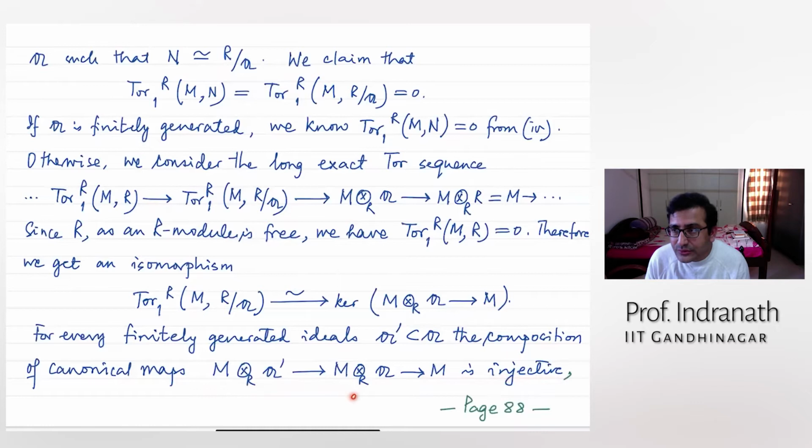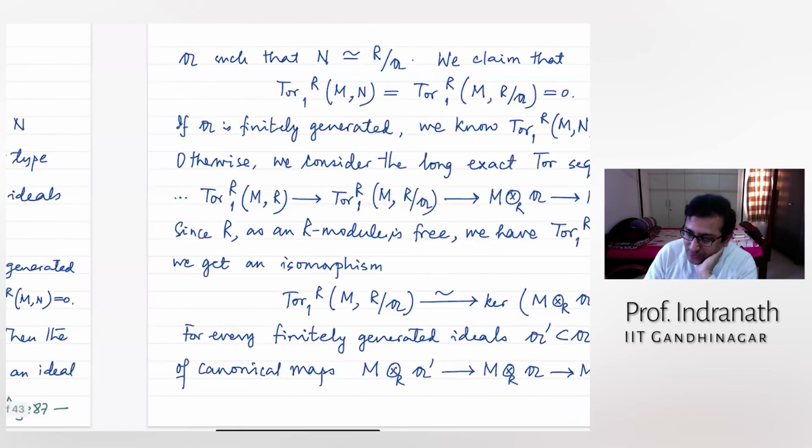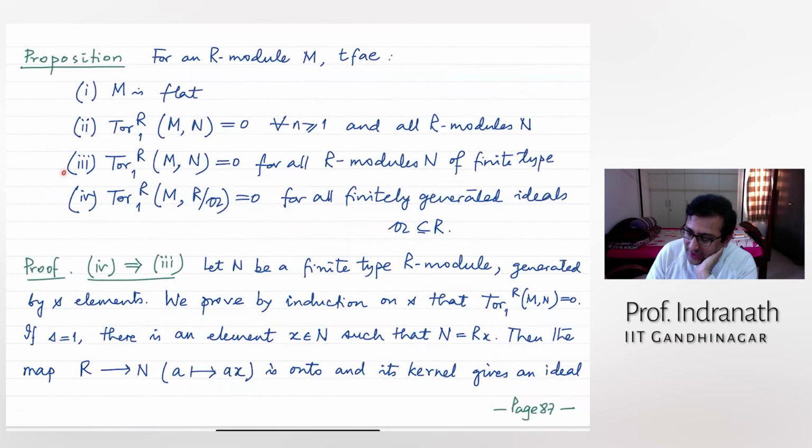Why is this true? So please remember what we are trying to do. We are trying to prove 4 implies 3. I have the assumption only for those R mod A for which A is a finitely generated ideal. And I want to prove that Tor1 of M, N is 0 for all finitely generated modules N.